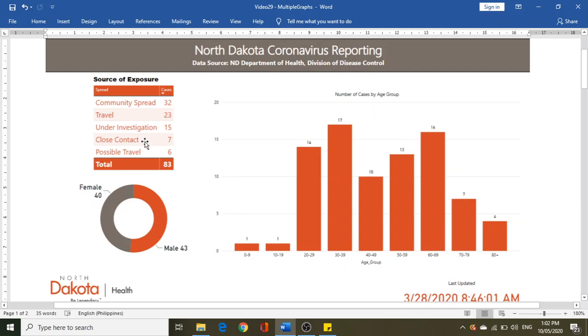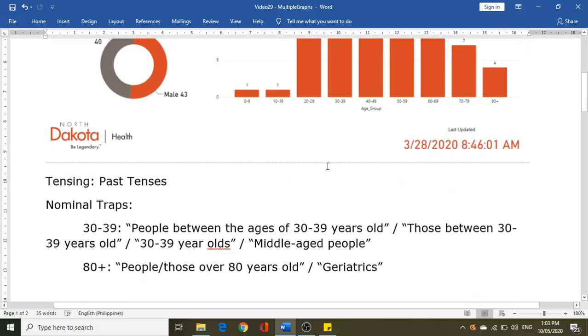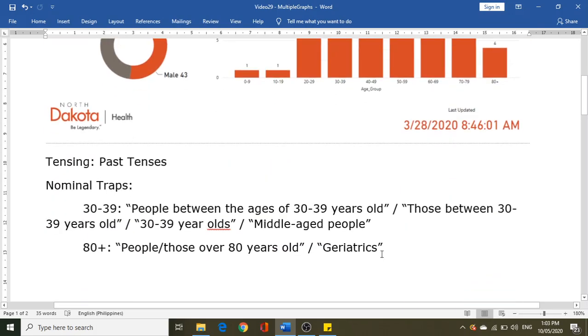So in multiple graphs, what you should do for your overview is to come up with an overview statement that incorporates all this information together to come up with a very unitary overview statement. So that's it. So this is how our overview statements would look.